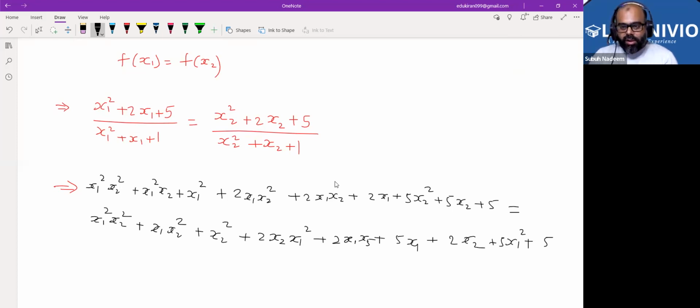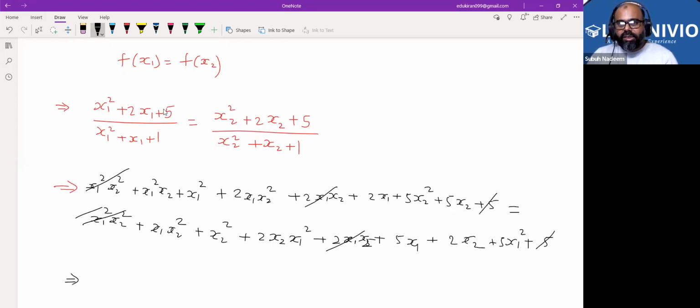Now we can cancel this x1 square x2 square, and we can cancel 2x1 x2 from both sides, and we can cancel 5.